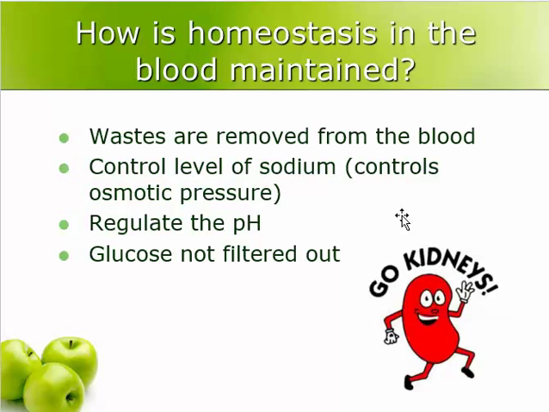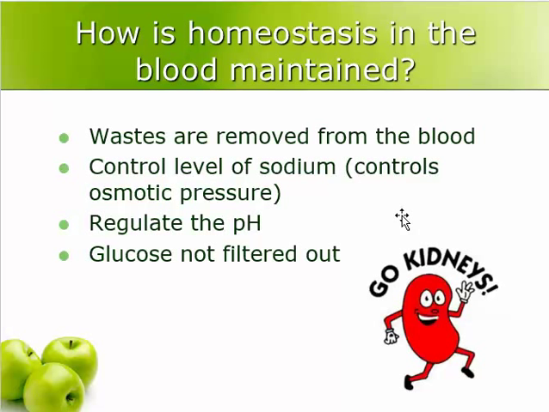So how does this maintain homeostasis? Well, first of all, wastes are removed from the blood. It also controls the level of sodium, because if there's too much sodium in there, your body will absorb more water and excrete more water along with the sodium. It can also regulate the pH because remember the acids and bases are in there.